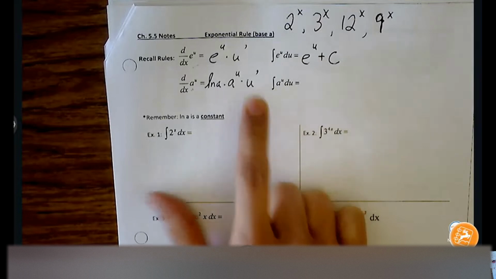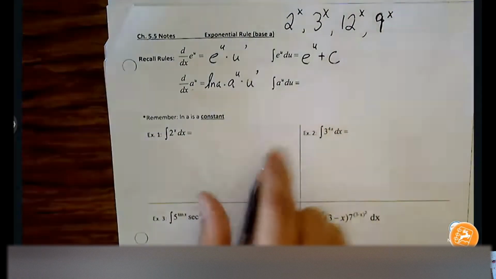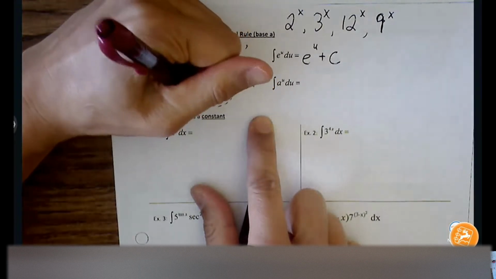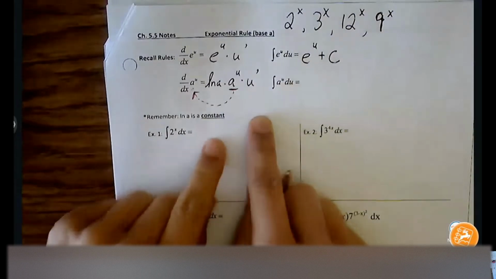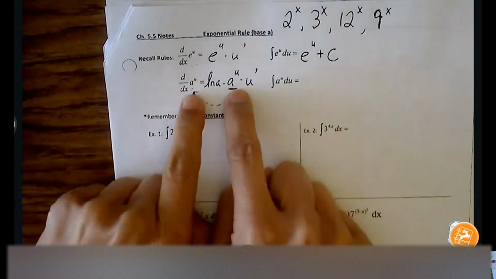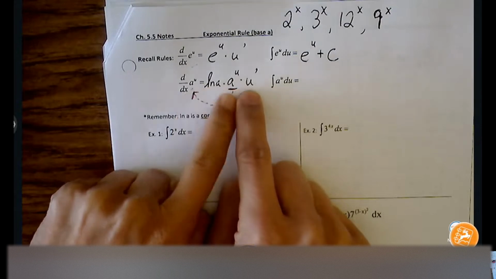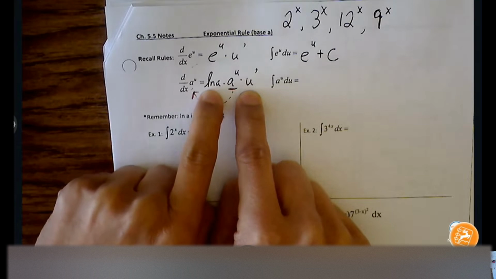The reason I want to show this to you is because our integral is basically starting here and working our way backwards towards our original starting point. So notice how there's not much change here, right? The derivative of a to the u is a to the u times natural log of a times u prime. So if I take the antiderivative of a to the u, it should bring me back to a to the u. But then the question is, what happens to this natural log of a?